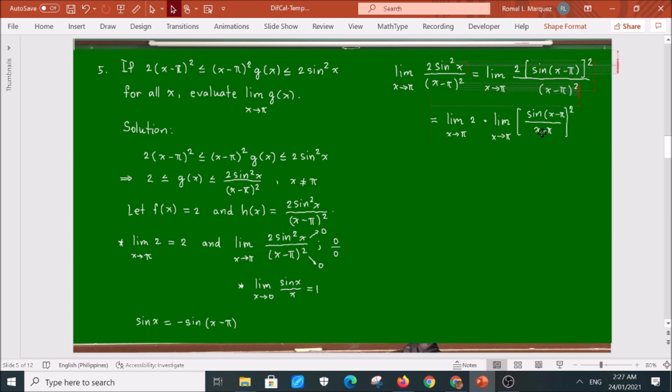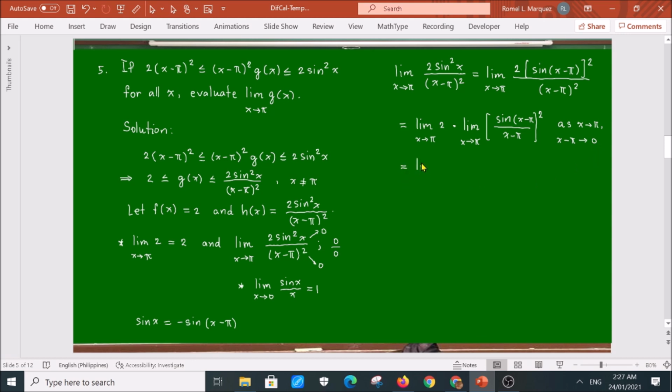Let's move a little here. As x approaches pi, x minus pi approaches 0.